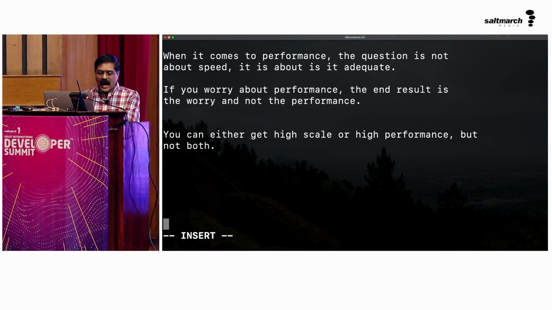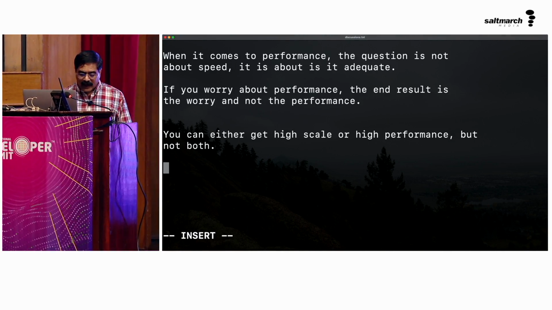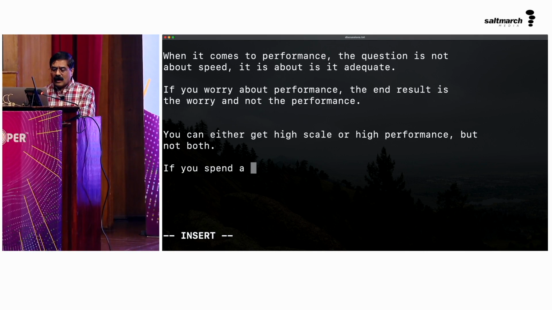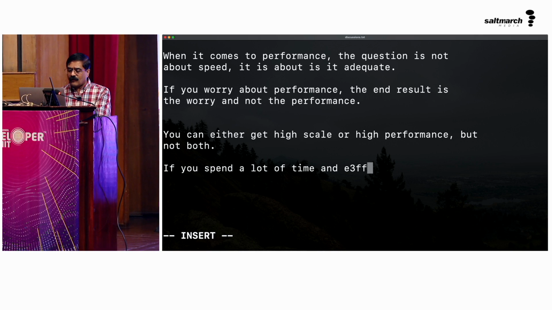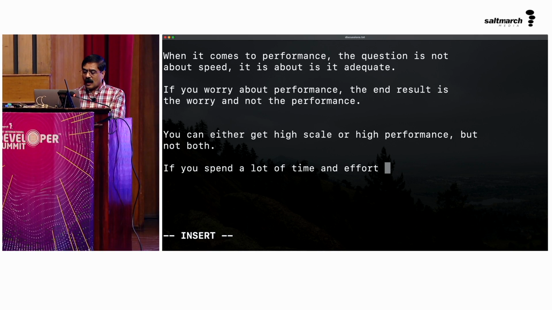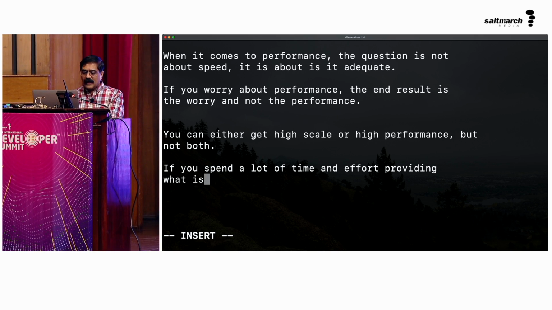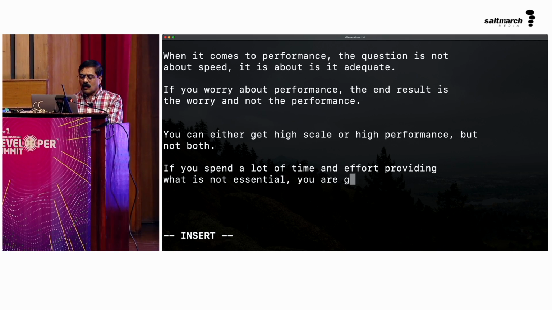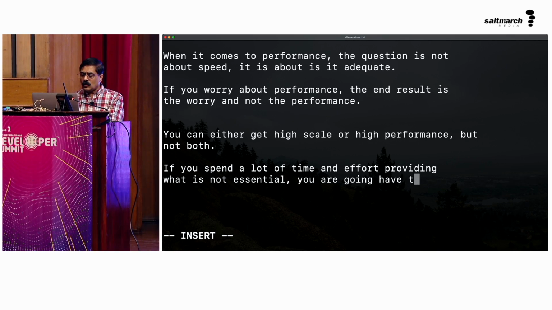But one of the challenges we often deal with is the following, and that is, if you spend a lot of time and effort providing what is not essential, you are going to have two problems.